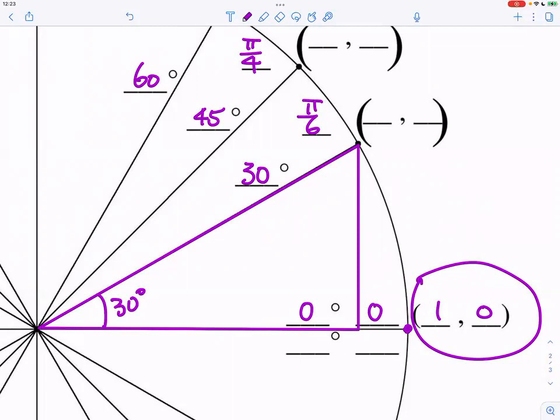And you look at your own paper, what's cosine of 30 degrees? It is √3/2.